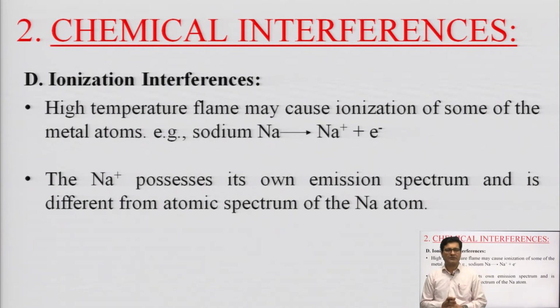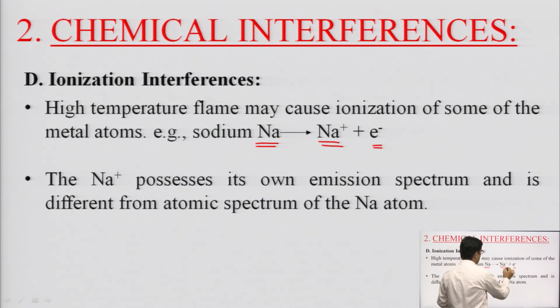And next is the ionization interference. Ionization interferences are the result of excitation at higher temperatures. As we discussed earlier, at very high temperatures, instead of excitation, atoms undergo ionization by the removal of an electron, and that generally gives incorrect results. Suppose we have a neutral sodium metal, and after ionization, the removal of the electron makes it a cation.